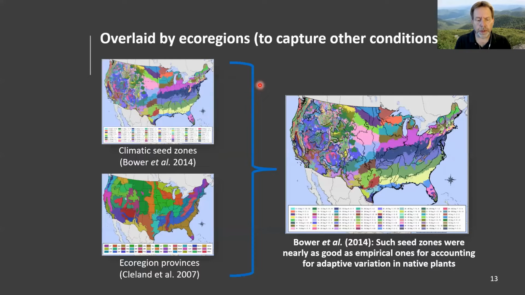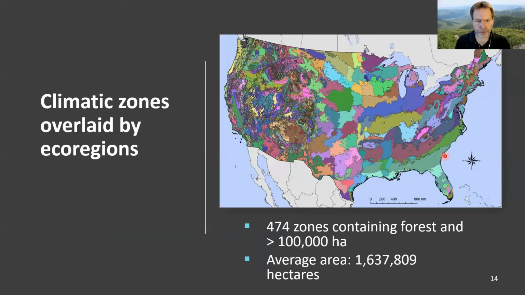And then they recommend overlaying those seed zones with ecoregion treatments. In this case, the Forest Service provinces we've used to capture other conditions such as adaptive factors. And in their study, they found that these seed zones were nearly as good as empirical ones for accounting for adaptive variation in native plants in the Pacific Northwest. So we ended up with 474 of these provisional seed zones when we overlaid the climatic zones with the ecoregions.